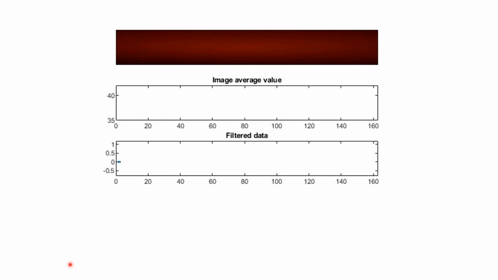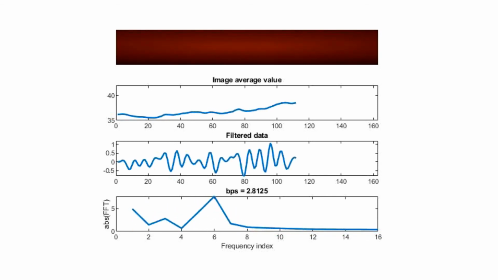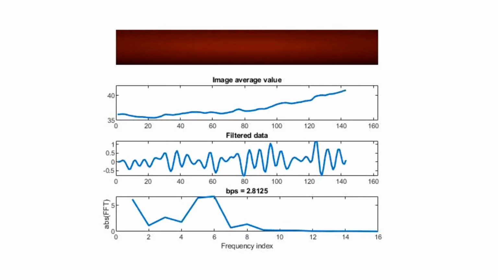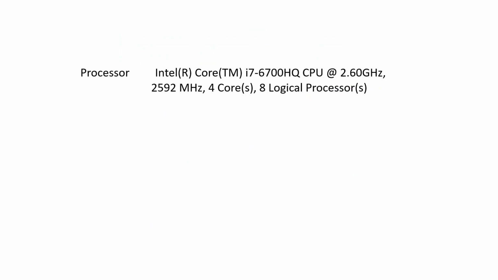So I'm going to run the program, so you can see it running. It's running in real time, and it's calculating the beats per second, as you can see there. Now, I'm using a fairly slow computer, a laptop, with the processor specifications you can see there: an Intel i7, 2.6 gigahertz.